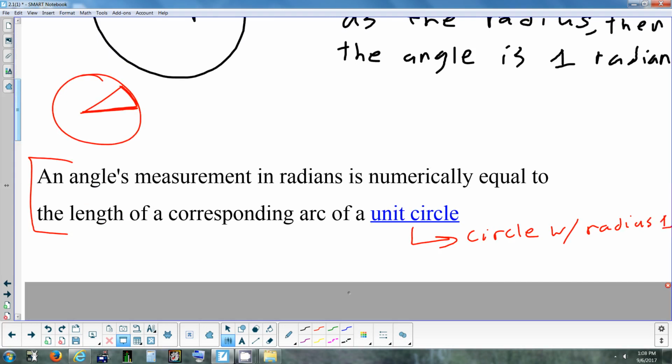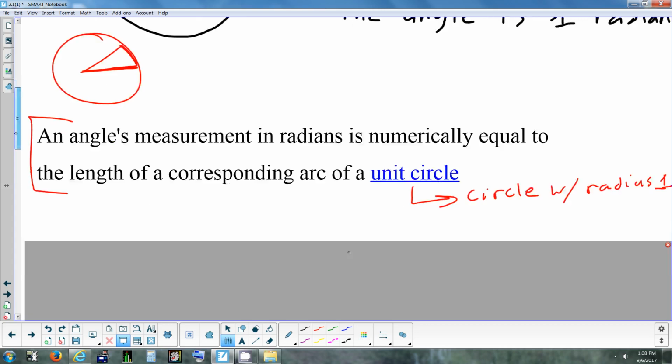That's all. Okay, so it's a circle with a radius of 1. Any question on just the definition of what a unit circle is? And then we're going to kind of fit that into what's up here.